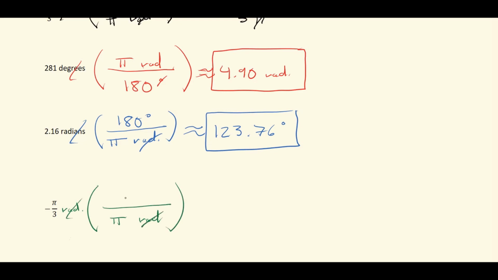Radians cancel out. 180 degrees on top. And if we multiply across, we get negative 180 pi over 3 pi. Pi cancels out, and our answer is negative 180 divided by 3, which is negative 60 degrees.